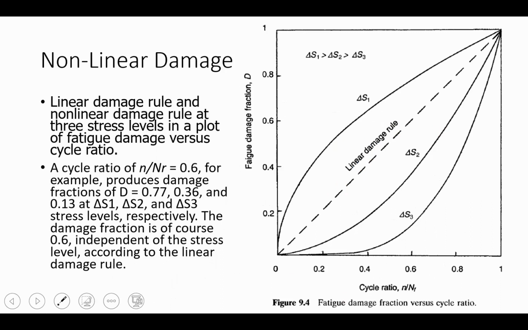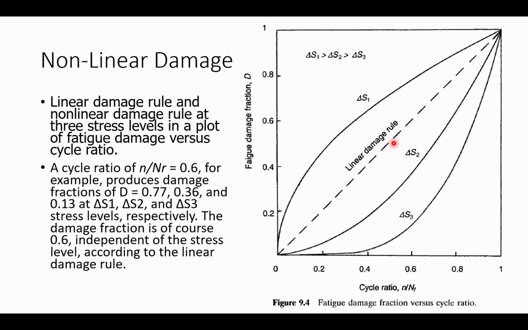Linear damage and nonlinear damage rules at three stress levels are plotted in this example, and it demonstrates the difference between linear damage and nonlinear damage. In our linear damage rules, it doesn't matter what prior loading has happened, we are linearly summing damage from different blocks together, right?